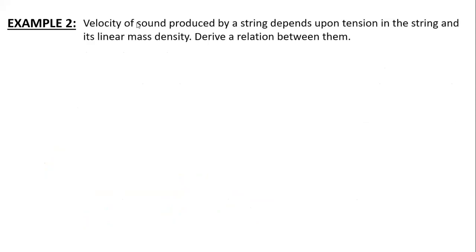Okay, so here's an example. Let me know what answer you get. The velocity of sound produced by a string depends upon the tension in the string and its linear mass density. Derive a relation between them.